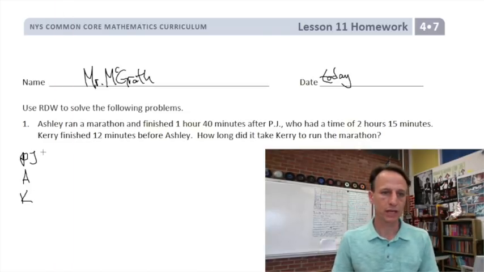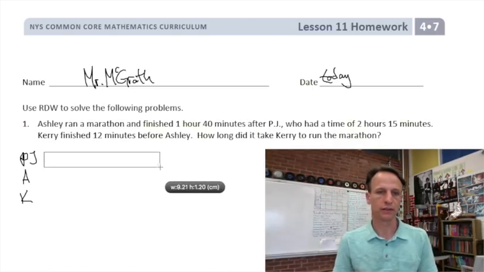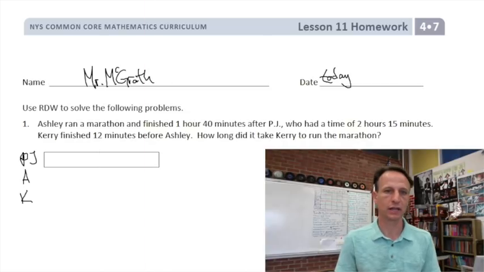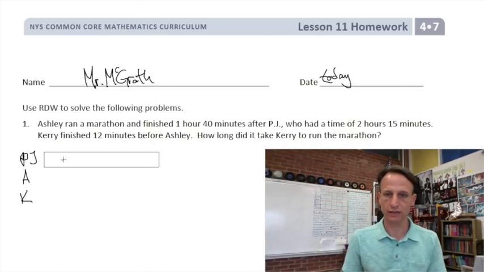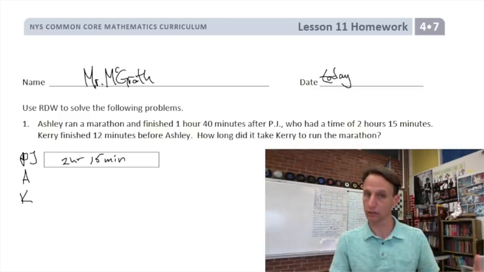So PJ is going to look like that. Let's jot in there that she has 2 hours 15 minutes. Now you have to stop and think. Ashley finished 1 hour 40 minutes after PJ, so that's a longer time.